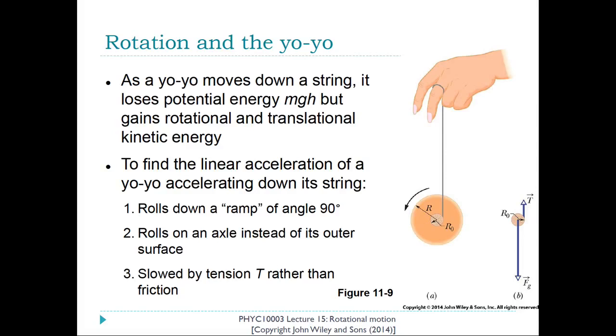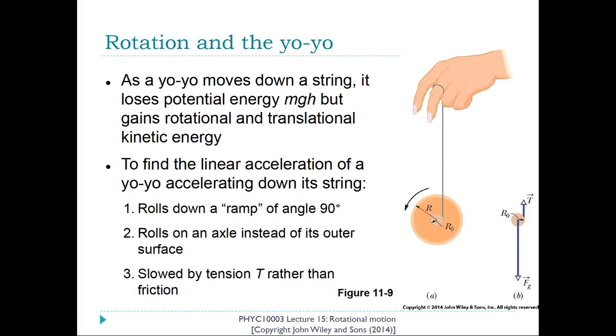To find the linear acceleration of a yo-yo accelerating down the string, we have to imagine that it's rolling down a ramp of 90 degrees. It rolls on an axle instead of its outer surface. So instead of rolling down the ramp on the outer part of the yo-yo, it's like it's rolling down the ramp on the inner cylinder.